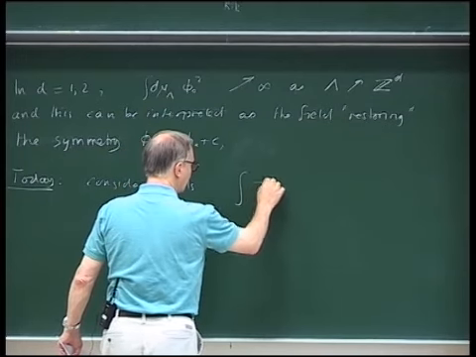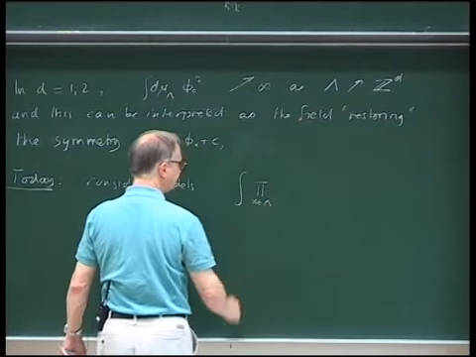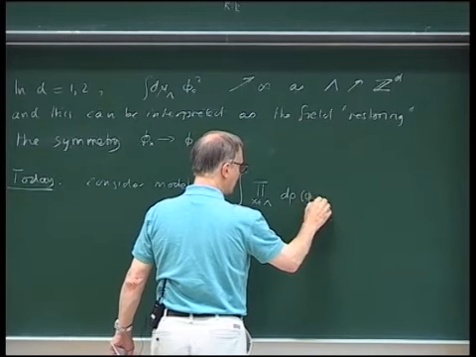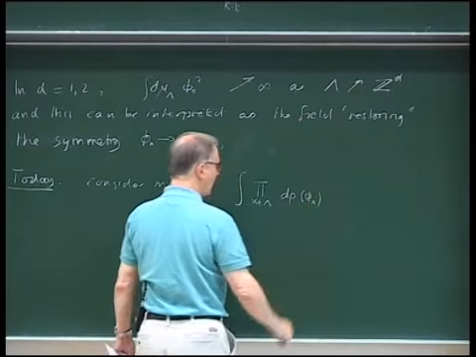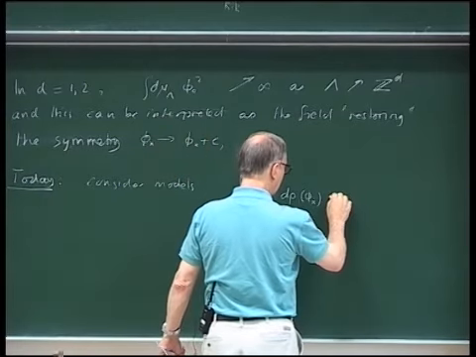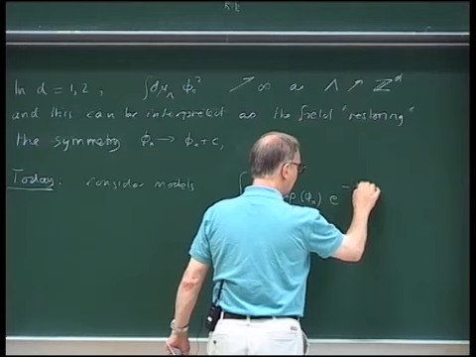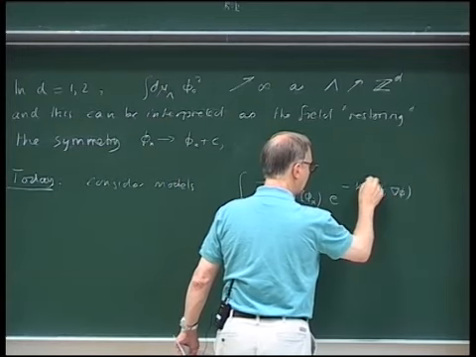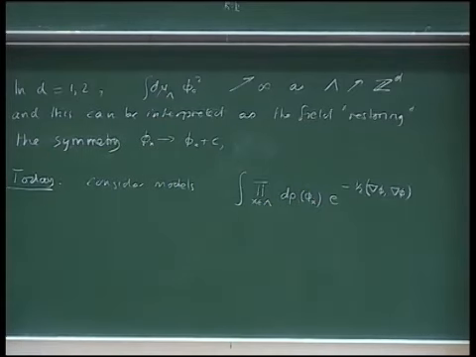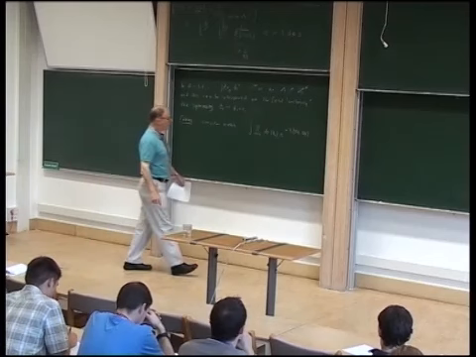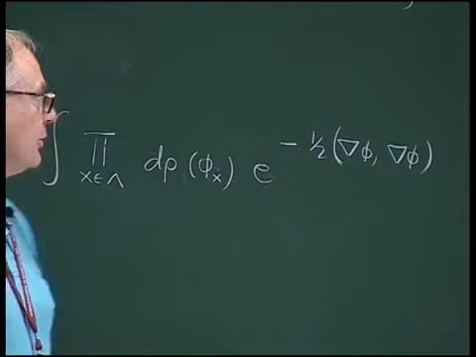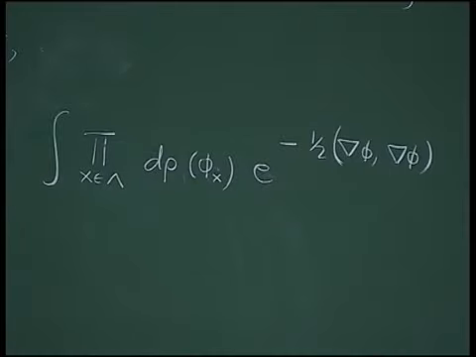There'll be a product over points in lambda, and at each point you'll have a measure, and then there'll be the same grad phi dot grad phi bilinear form, which looks very Gaussian. So what makes this model not Gaussian is this thing here, the d rho. I'll give you examples of d rho, let's have 2 examples.